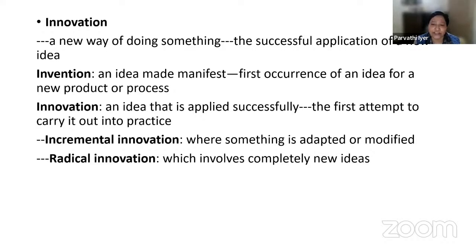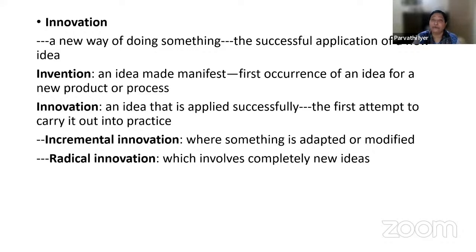Incremental innovation is when you try to adapt or modify something, and radical innovation is where you are doing something completely new. For instance, an example of incremental innovation would be your mobile, now you have your touch technology.